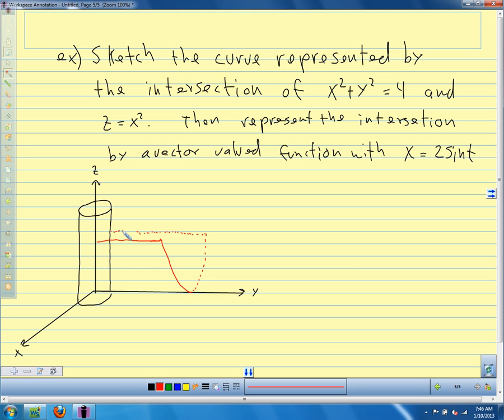So when we're thinking of this intersection, we want to think of this right circular cylinder and this parabolic cylinder kind of slicing through the other cylinder. So our parabolic cylinder is going to hit the right circular cylinder here, and I'm going to try to sketch this intersection in blue.